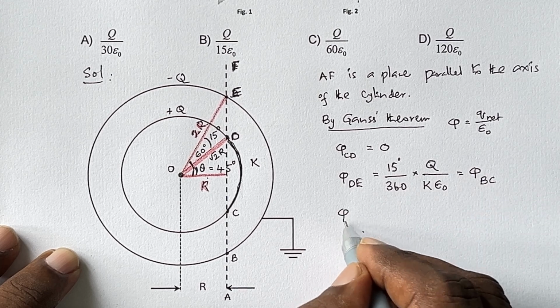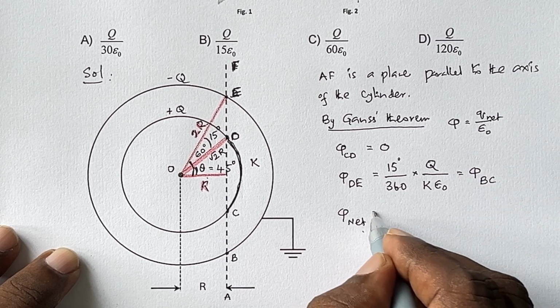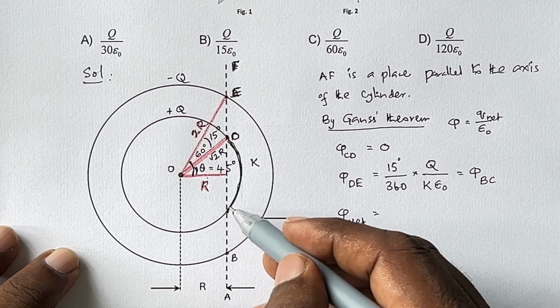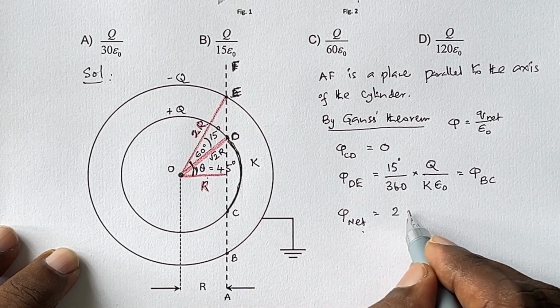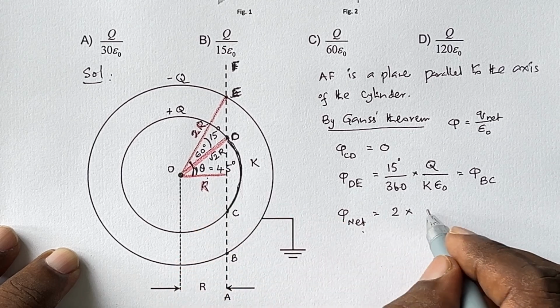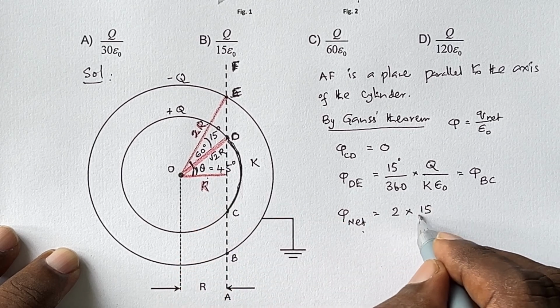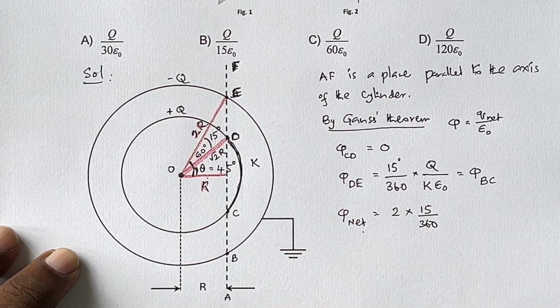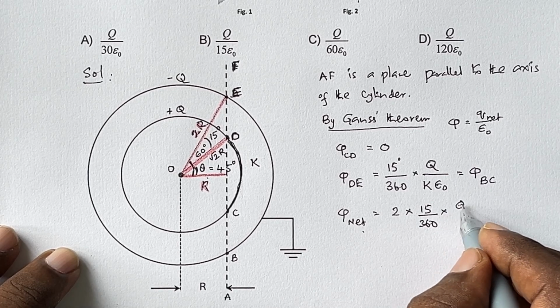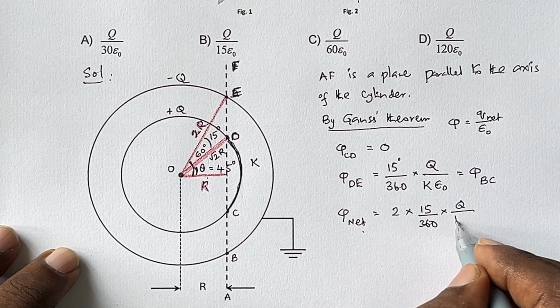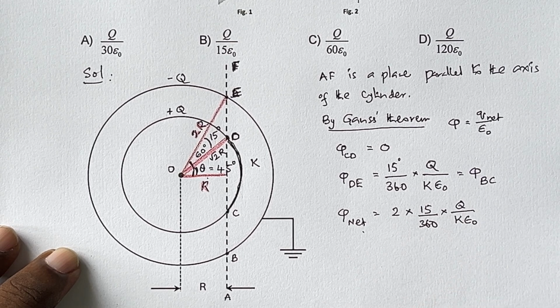So the net flux is equal to the flux due to BC plus the flux due to DE. Both are the same, that's why I wrote 2 into 15 by 360 into Q by K epsilon naught.